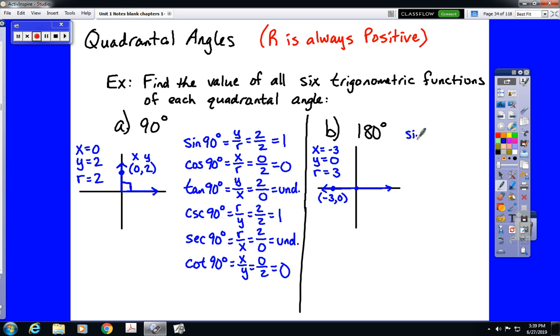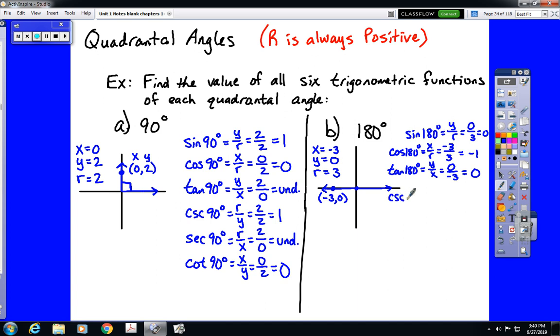So then we go through and we say, okay, the sine of 180 degrees, which is y over r, would be 0 over 3, or 0. The cosine of 180 degrees is x over r, or negative 3 over 3, which is negative 1. Tangent is y over x, which is 0 divided by negative 3, which is 0.